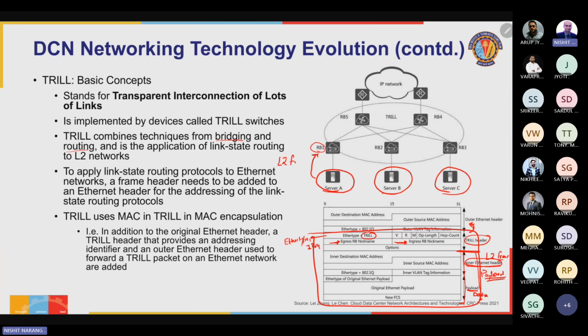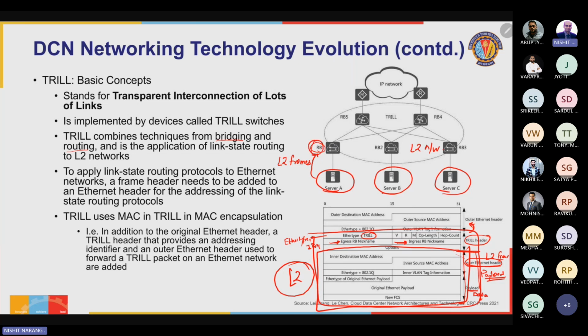They are sending L2 frames because they believe it's a layer 2 network. So they are sending L2 frames to the access switches to switch these frames towards the destination. That is the inner payload, your L2 frame, which the server has generated.